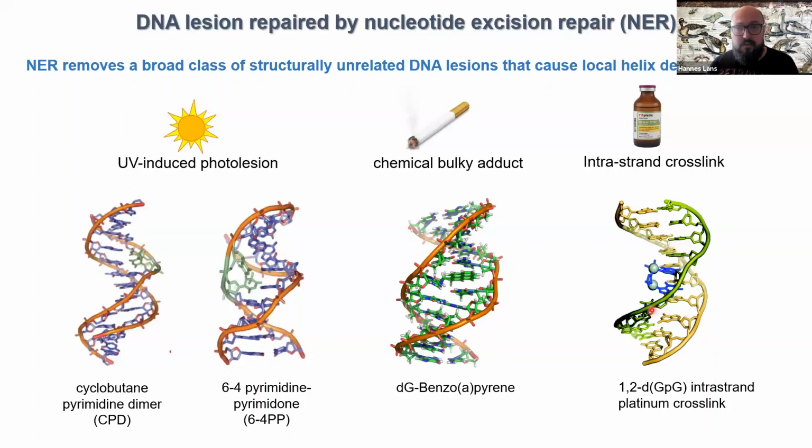They create some interstrand crosslinks, so between the two DNA strands, but also a lot, even much more, intrastrand crosslinks, which would be crosslinks between two adjacent bases or even bases a bit further apart, which also induce a helical distortion, and that's being recognized by nucleotide excision repair.